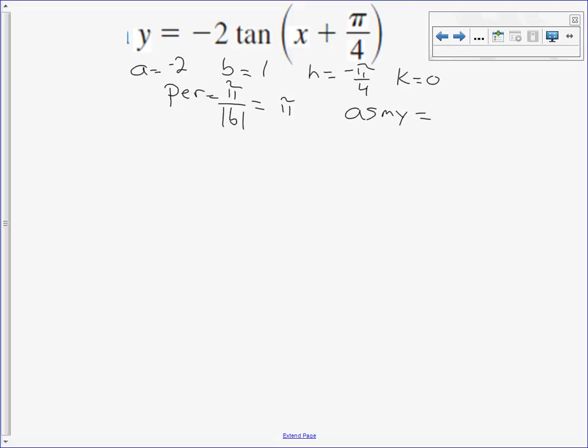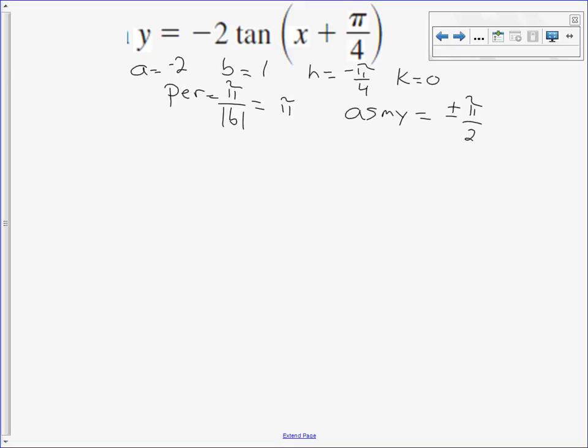So what's half of pi? Pi over 2. Now the reason why I write it as plus minus pi over 2 for your original asymptotes, because where does the tangent graph always go through for the parent function? It goes through 0.